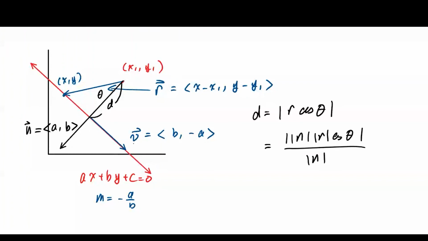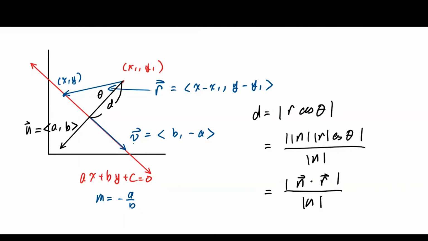Is that the same thing? Because n will cancel. But look at this, n, r, cosine theta. Does it remind you of something that you know? Is that what we call the dot product? You with me?